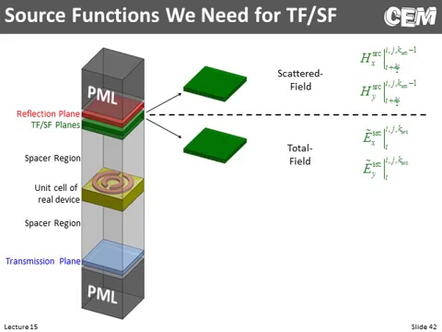Our update equations on the total field side reached to the scattered field side where we needed the source of the H fields. So in fact, we need to calculate the Hx and Hy components of the source on the scattered field side, and the Ex and the Ey components of the source on the total field side. Now remember, we're on a staggered grid. Those things are out of phase and also at different time steps, and we need to take all that into consideration.